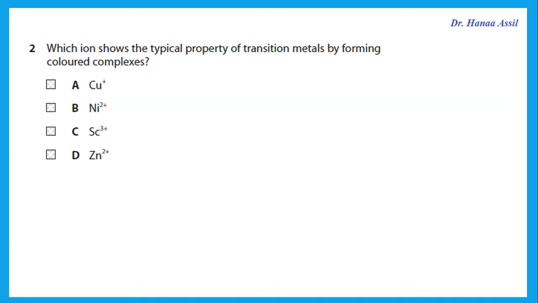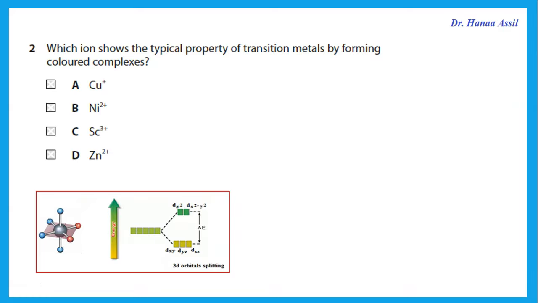Which ion shows the typical property of transition metals by forming colored complexes? We know that transition metals form colored complexes, and the question is, which of these is colored? Due to the presence of ligands in the transition metal complexes, the d orbitals split.